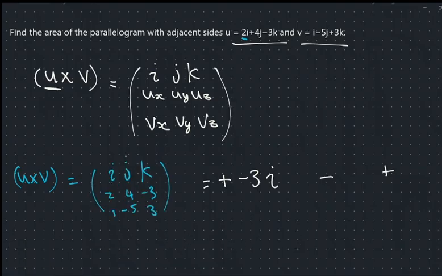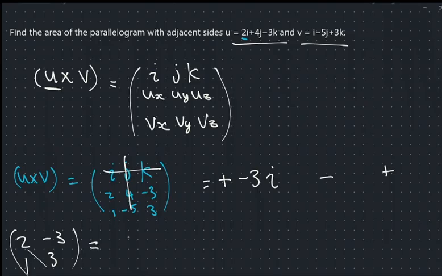And then for the second part, we'll erase this part. So what will we get? We will get a determinant with these 4 values. So our matrix is going to be 2, -3, 1, and 3. Sorry, not determinant, this is our matrix. Let's find its determinant.